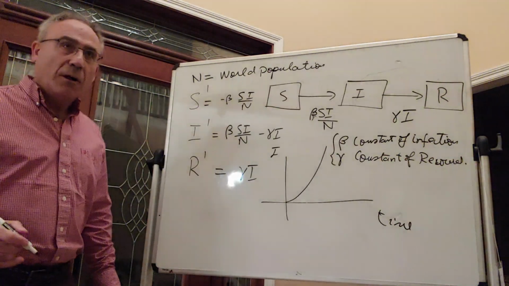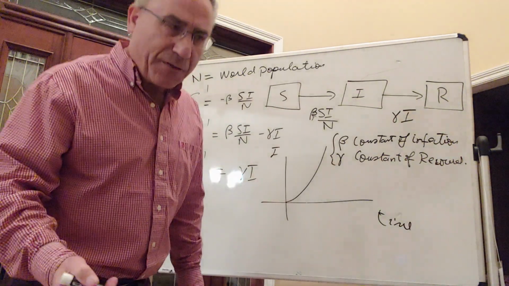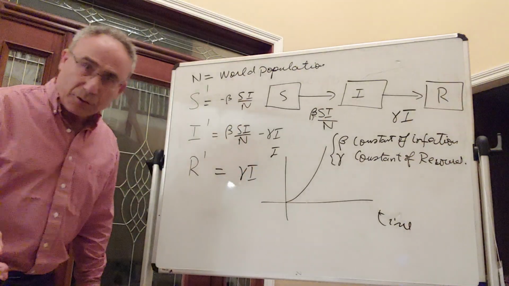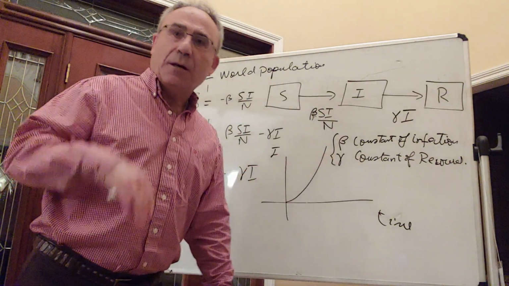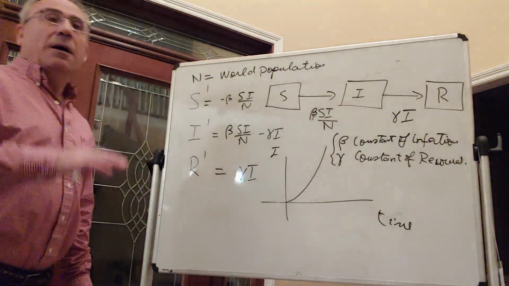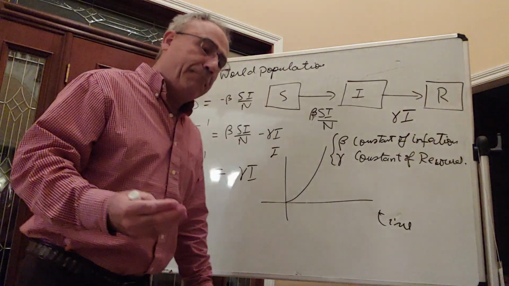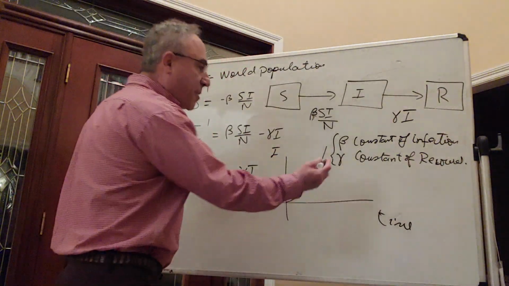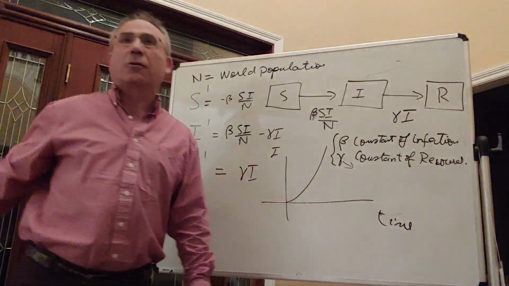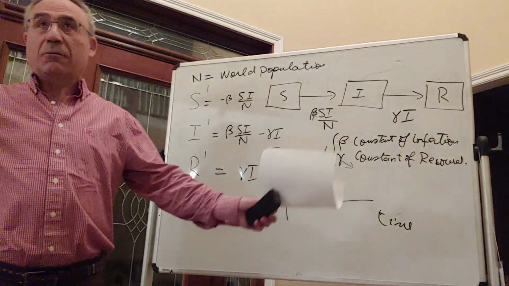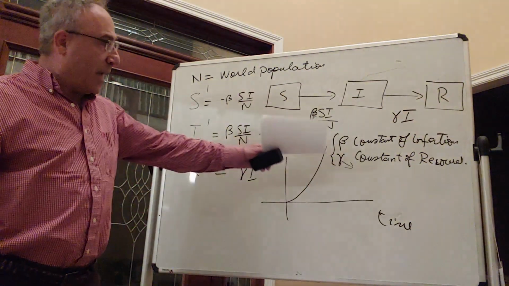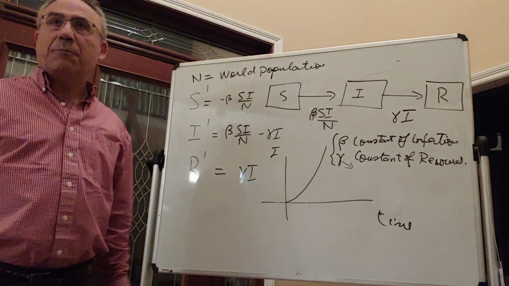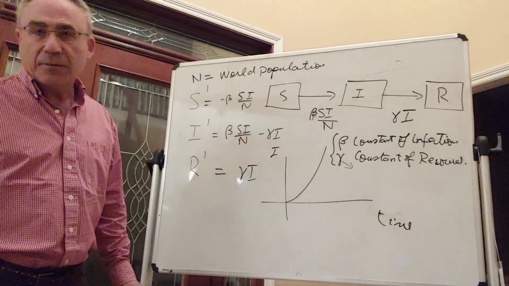But we know governments and people are doing things, like controlling borders, closing airports, people staying at home and washing their hands. So this beta can be controlled, but this gamma cannot be controlled unless we have a vaccine. Well, we don't know yet.